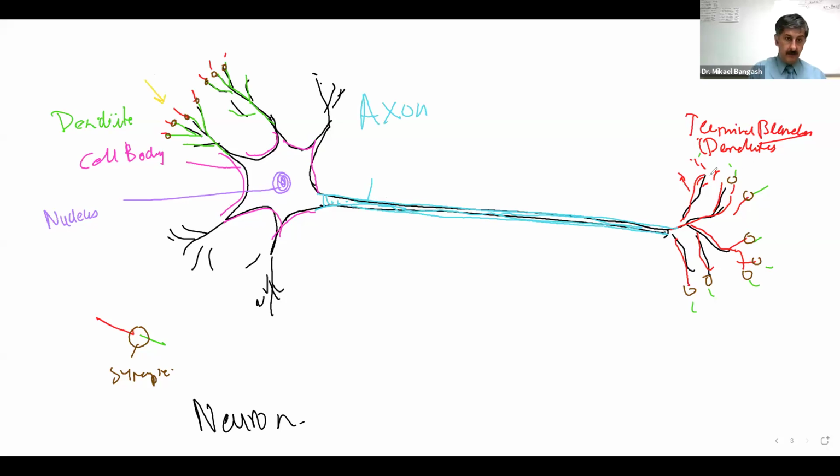They will receive it from the similar terminal branches of other nerves, coming before this synapse. Those signals will reach the main cell body of the nerve, where we have the nucleus. And what we know the nucleus is going to be doing is being the main regulatory body for the functions of the cell.